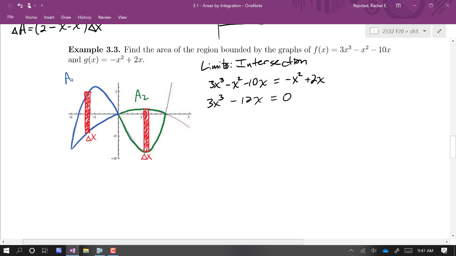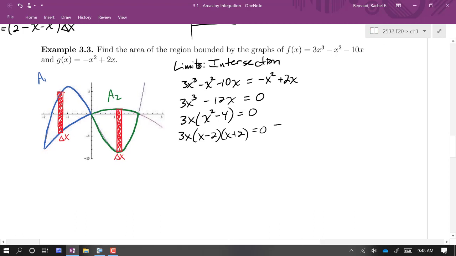And let's factor this. We could take out a 3x, and then we have x squared minus 4 equal to 0. And x squared minus 4 is the difference of squares. So we got 3x, x minus 2, x plus 2. And that gives us our limits. So x equals 0, 2, and negative 2. So the blue region here, we're going to integrate from negative 2 to 0, and the green region will integrate from 0 to 2.